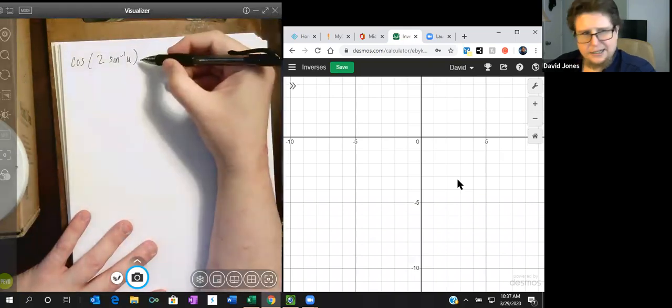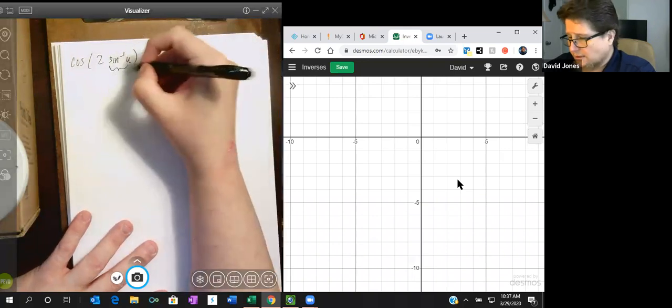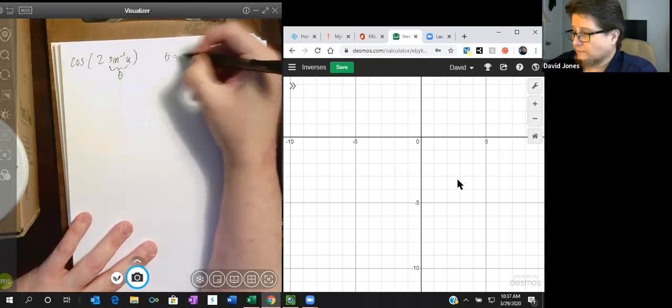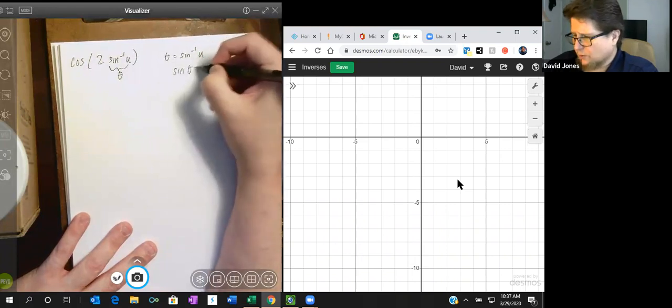I think it's easier right here to make theta equal just the sine inverse. So sine theta equals u.